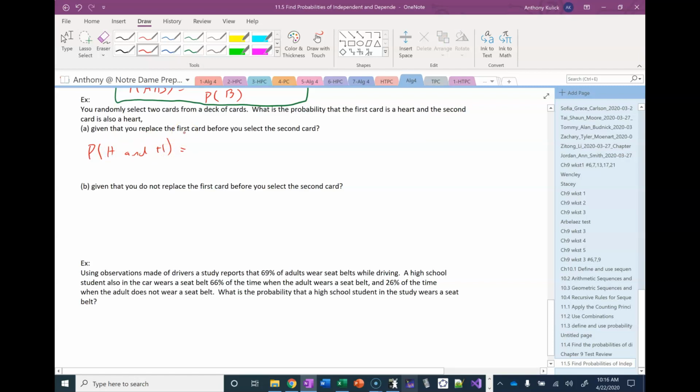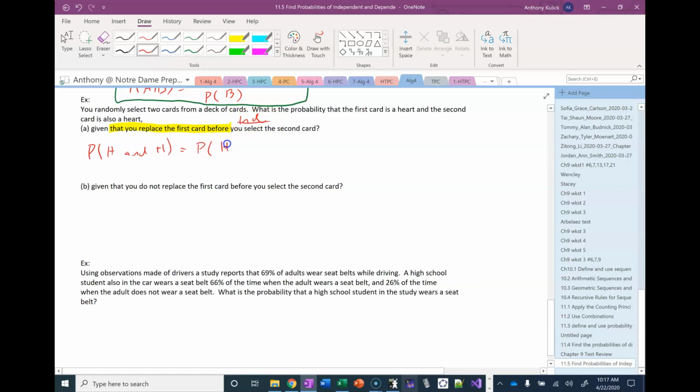So I need to decide whether these are independent or dependent events. The thing that's going to tell me that is that it says you replace the first card before you select the second card. So when I draw up that first card, it's out of 52. When I draw the second card, it's still out of 52 because I've put the first card back. Okay, so this is independent.